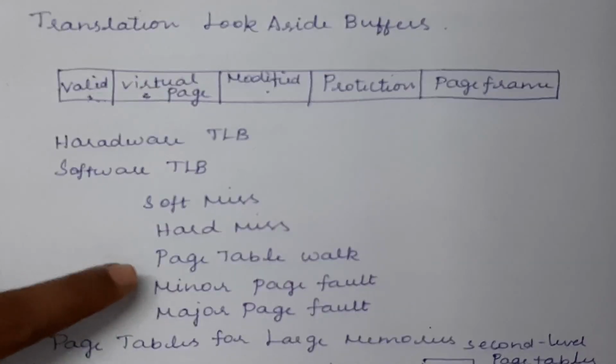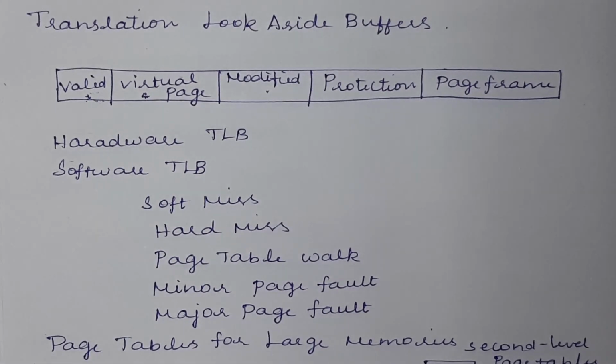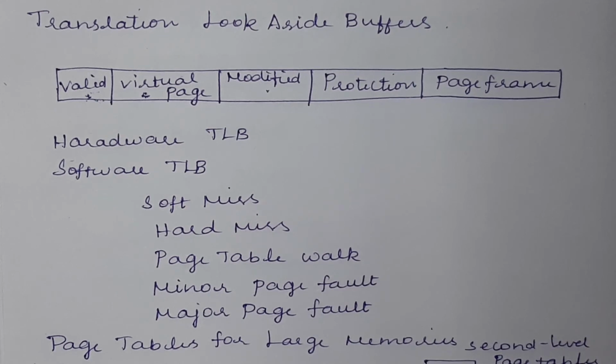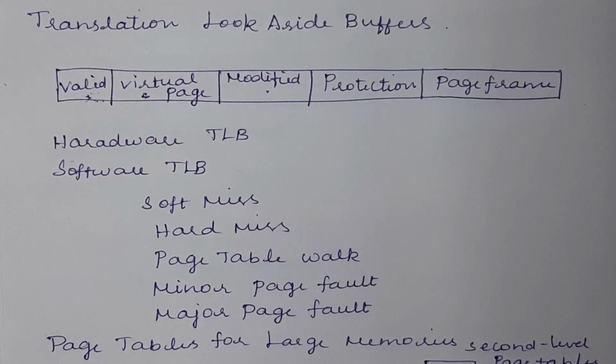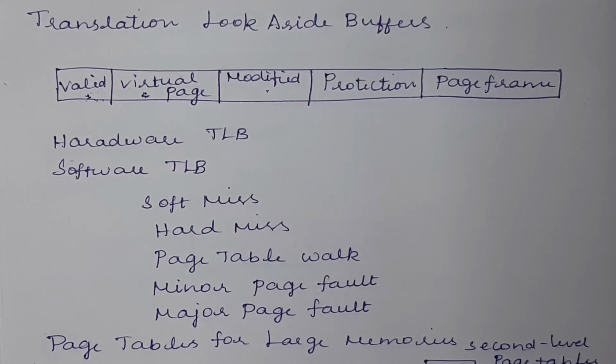What do we mean by page table walk? Suppose you are using the page table concept, and we need to search in the page table in a hierarchical manner, which means if you have a multi-level page table, that is also possible. We can have many different structures of the page table.